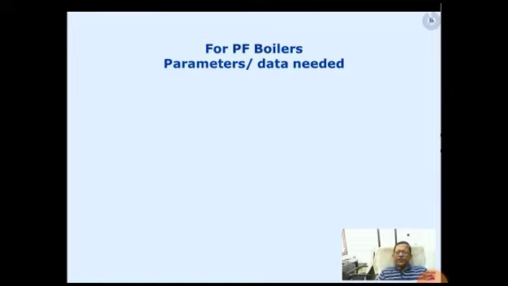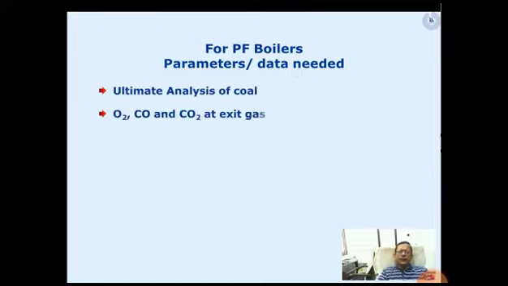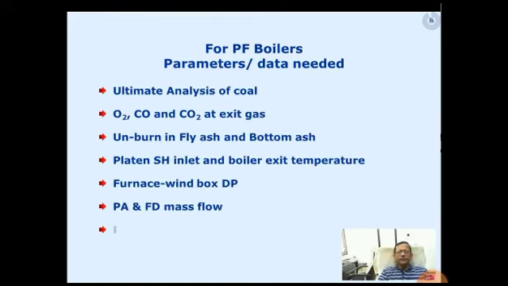We need to check a few parameters first. The ultimate analysis of the coal, the O2, CO, CO2. Now see, the ultimate analysis of the coal is to be measured for the measurement of theoretical air. The O2, CO and CO2, this we will see in case of performance calculation. These three would be required to measure the CO loss, the incomplete combustion loss.